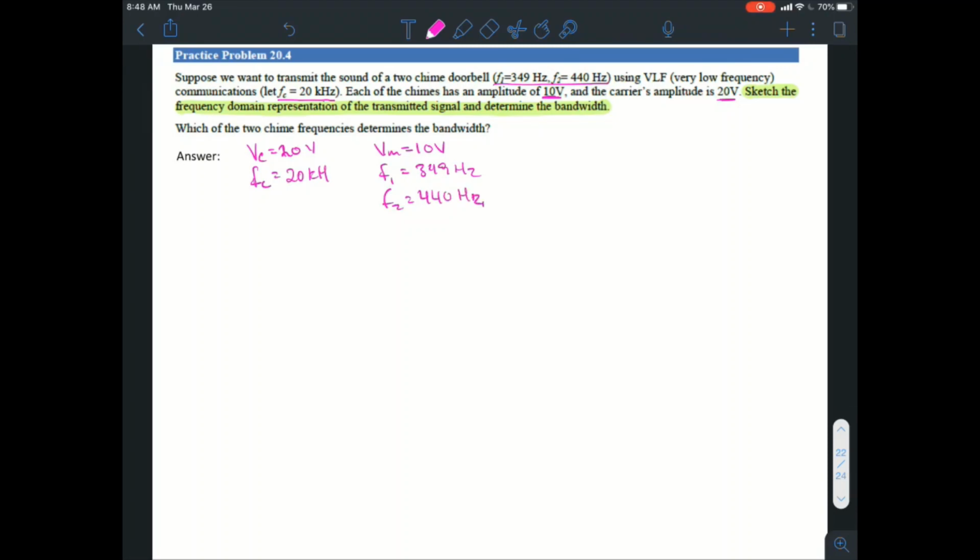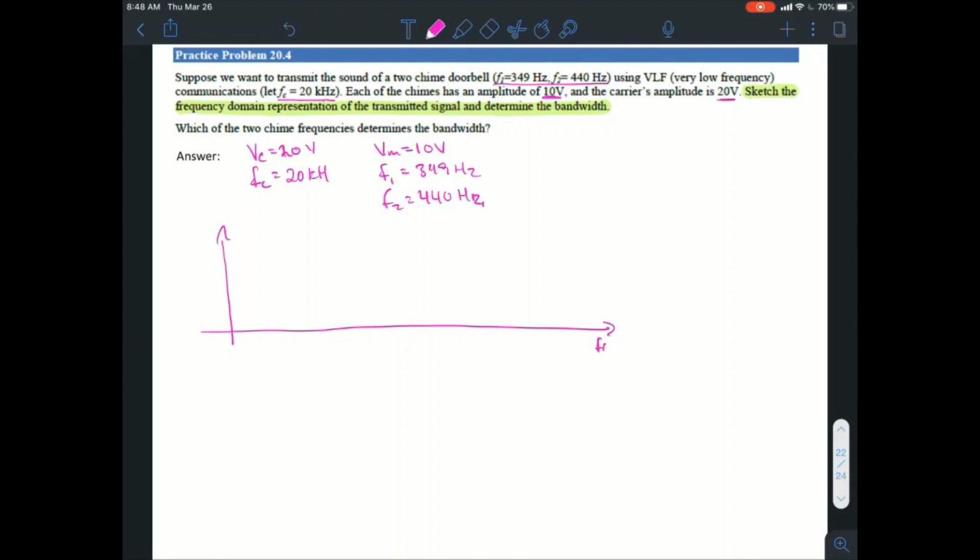So if I'm trying to figure out the frequency domain, all I need to know is the frequencies and the amplitudes. We're going to end up with our frequency domain plot, and the first thing I started off by plotting was the carrier frequency.